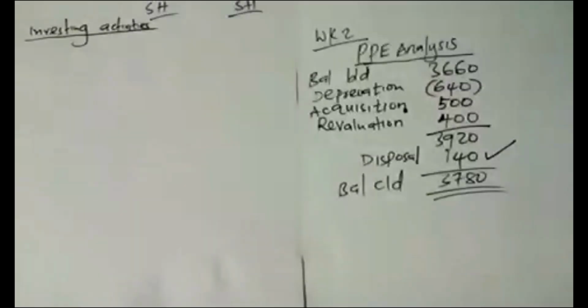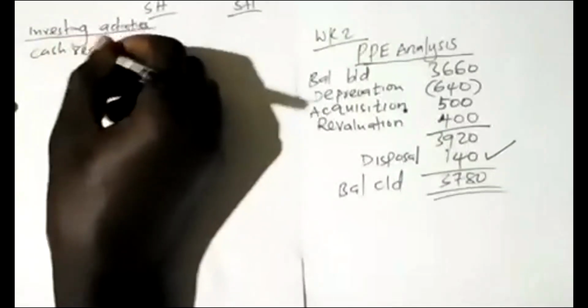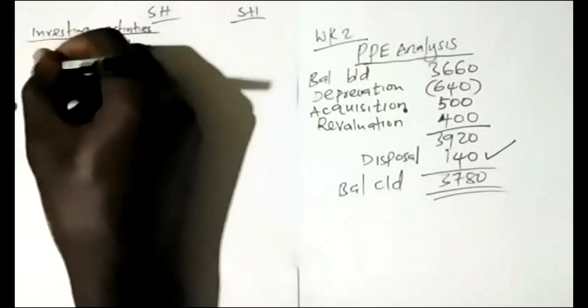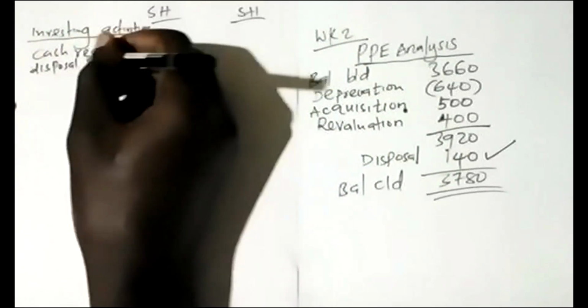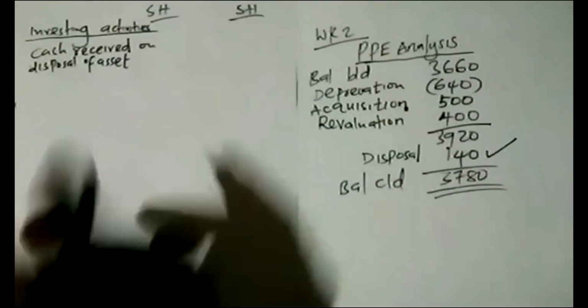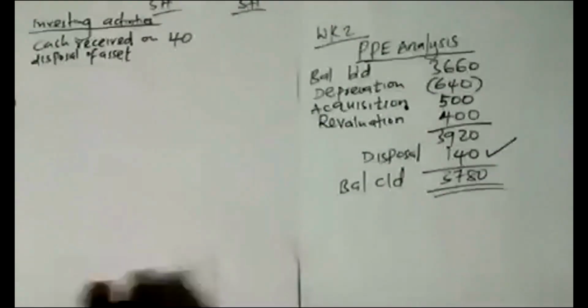The cash we received is 40. So you say cash received on disposal of assets, that is 40. So that is a cash inflow.